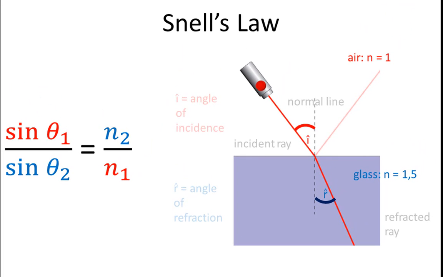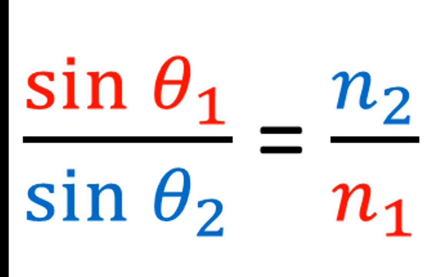Snell's law says the ratio of the sine of the incident and refracted angles, sine theta 1, which refers to the incident angle, over sine theta 2, which refers to the refracted angle, is equal to the ratio between the refractive indices of the media, n2 over n1.